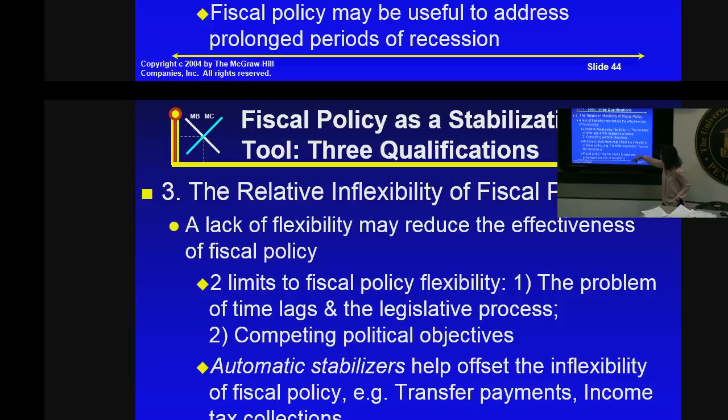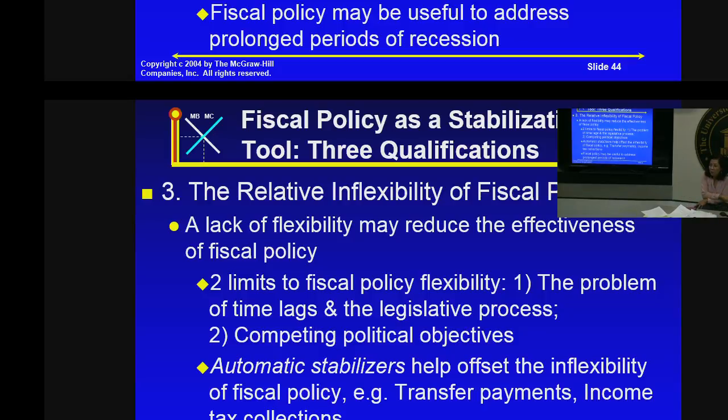However, this is one good thing about using fiscal policy to correct or eliminate your output gap, that it is useful to address prolonged periods of recession. So if the recession is very long, yes, it is effective to use fiscal policy.